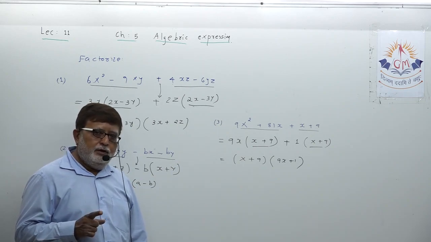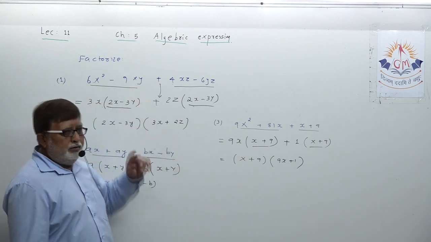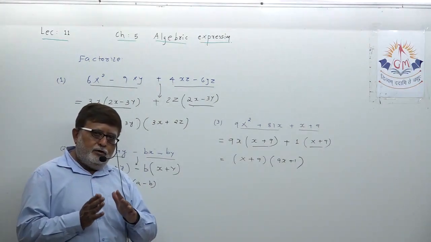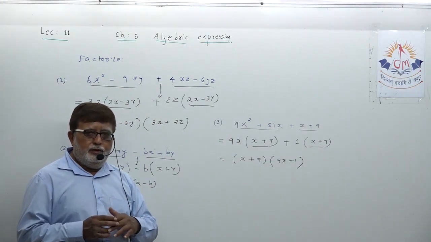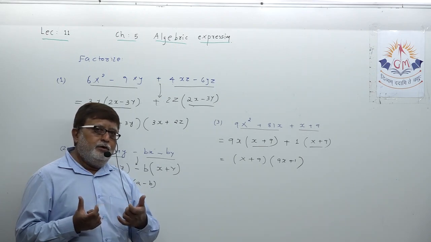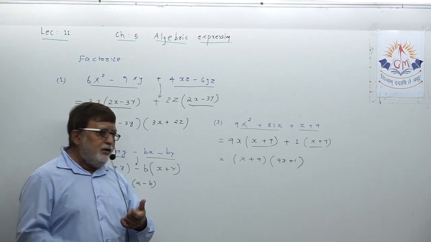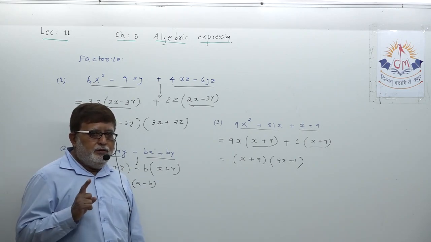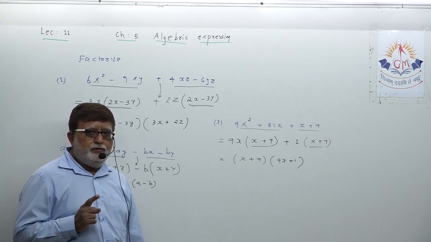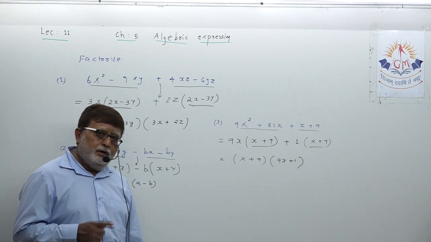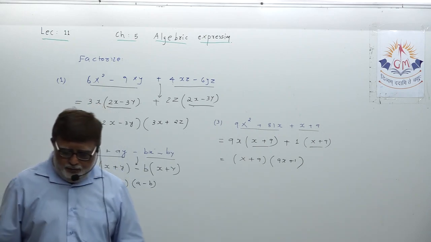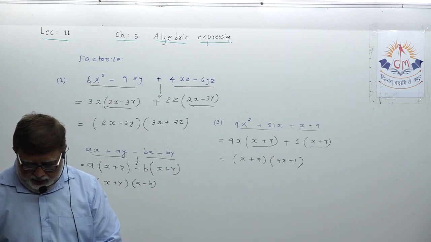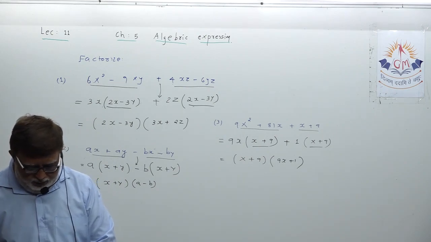But when you calculate again, you need to rearrange the terms in such a way that when you take out common, you will get a common bracket. Getting a common bracket in the first step is compulsory in compound factorization. You need to understand it. Getting common is compulsory, okay.